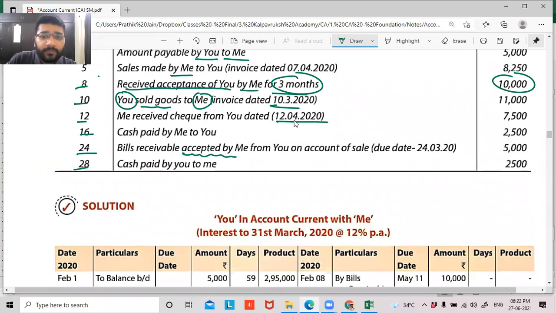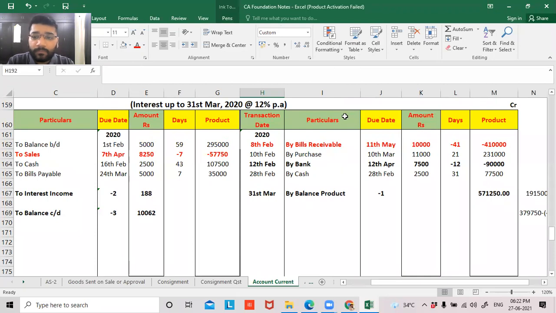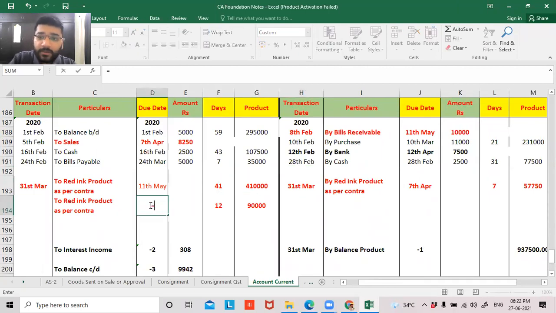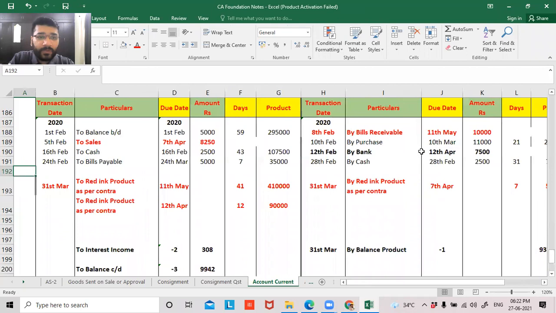Sir, but you have written it as 7th April, sir. So this one you're telling, is it? Yes. Okay, I gave the cross reference, I gave the link wrong. Okay. Now it's okay.